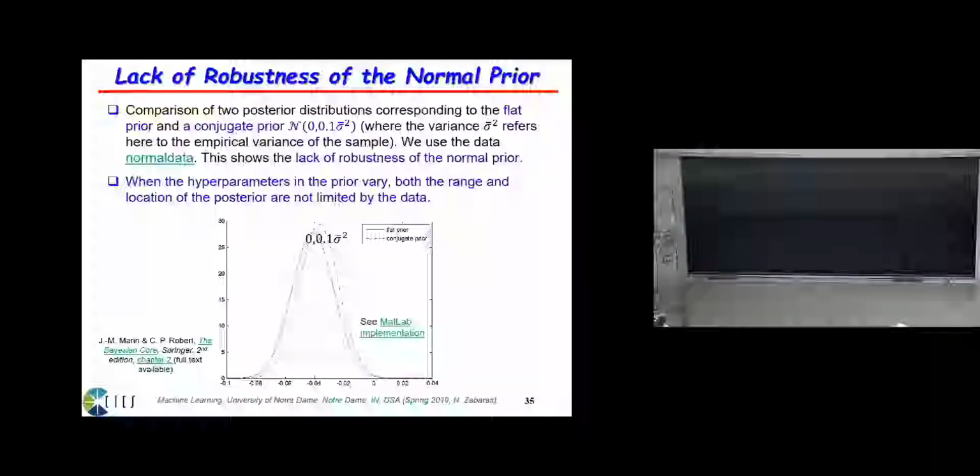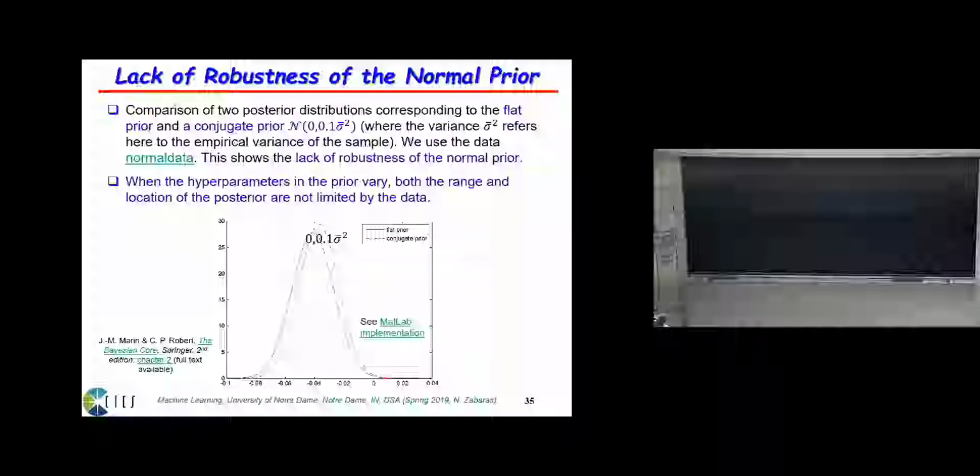And we said a word only that, whatever prior you use, be sure that it does not affect to a significant degree your posterior distribution, and that means you need to be sure that your results are robust to the prior choice that you have made. This is actually a data set that comes from Robert's book.